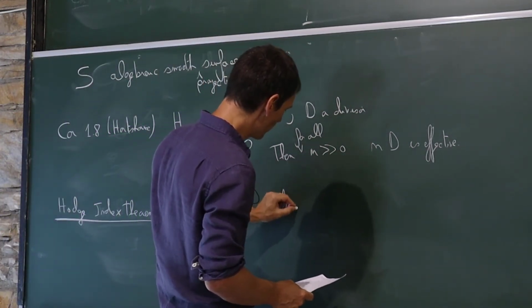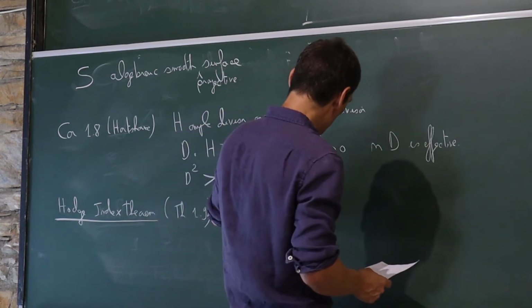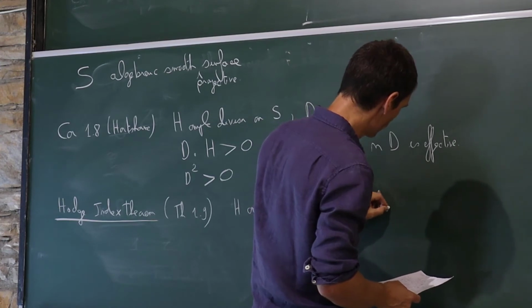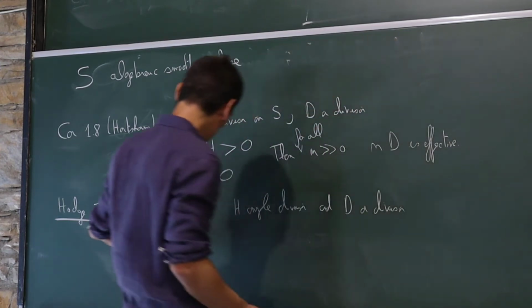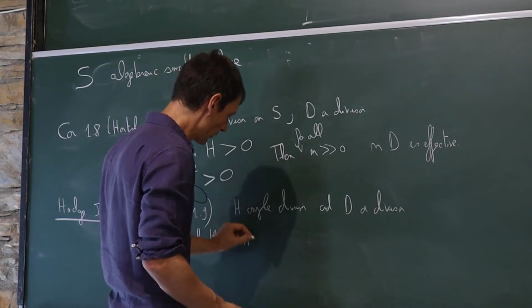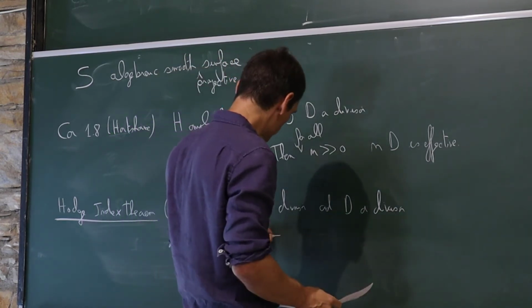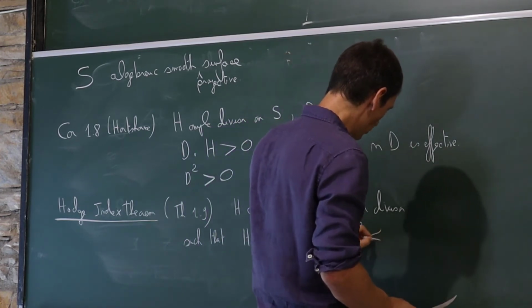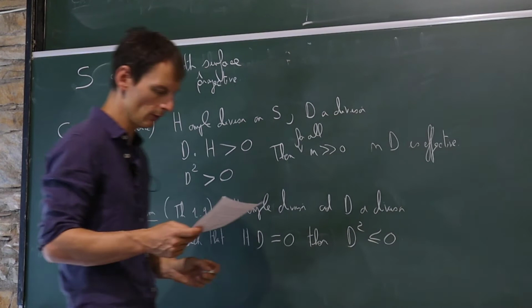So H is an ample divisor, and D is a divisor such that H times D is 0, then the self-intersection of D is non-positive.